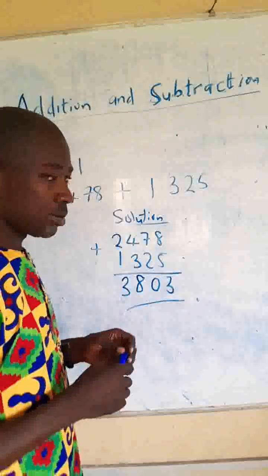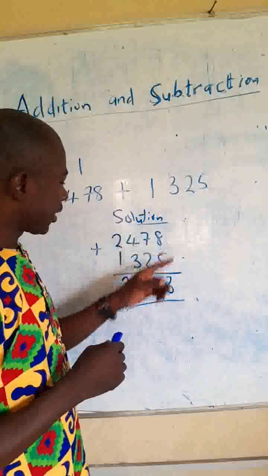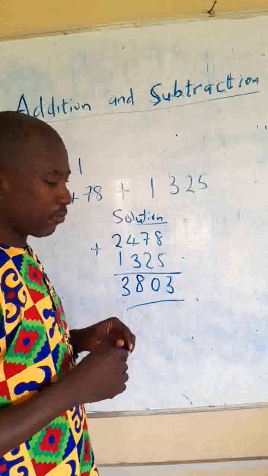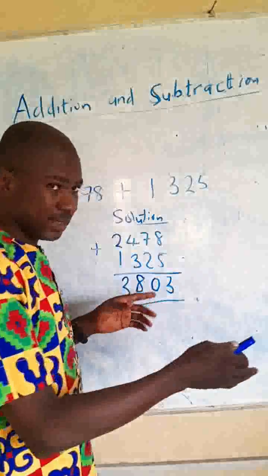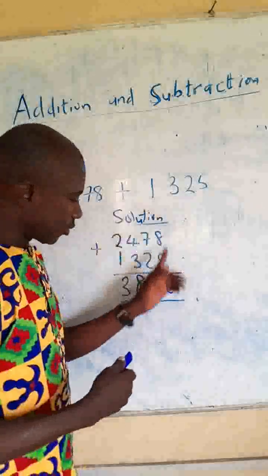And this becomes the answer to adding 2,478 plus 1,325. You see the rule? We started from the right hand side, from the unit, not from the left hand side.